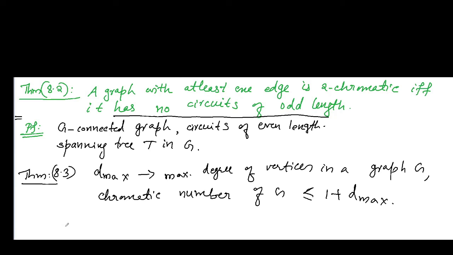If G has no complete graph of D max plus 1 vertices, then the chromatic number of G is less than or equal to D max.